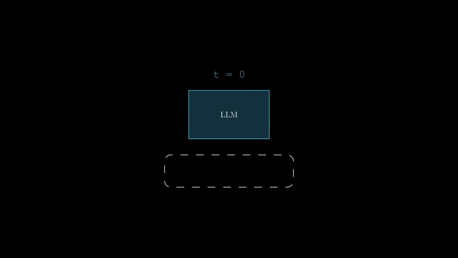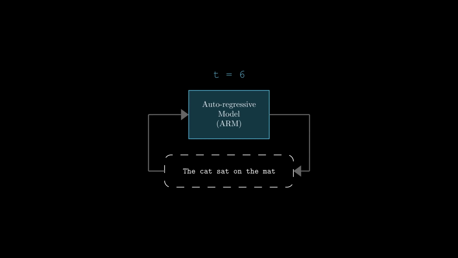Today, state-of-the-art LLMs predict one token at a time based on the previously generated tokens. The result is left-to-right generation, similar to how we write English words on paper. This is the family of auto-regressive models, or ARMs. Diffusion proposes a new paradigm.